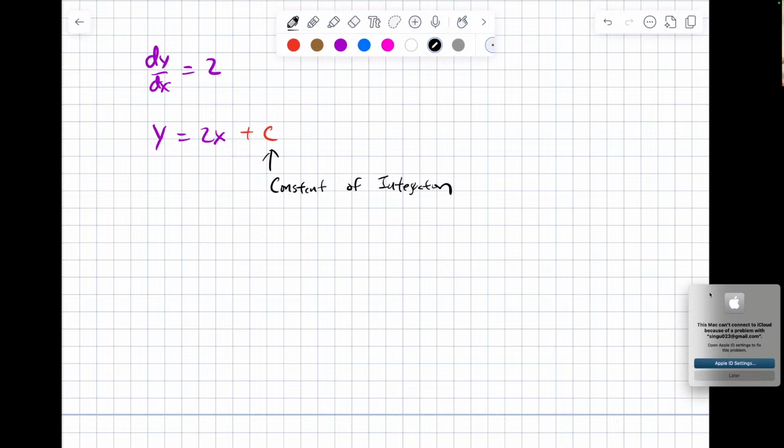Now, this is called a particular solution. No, sorry, general solution.